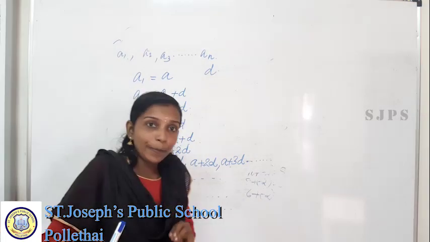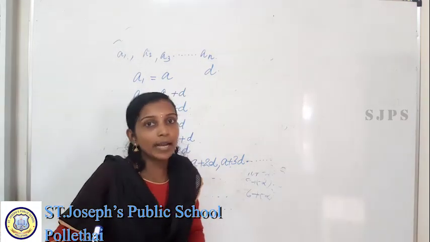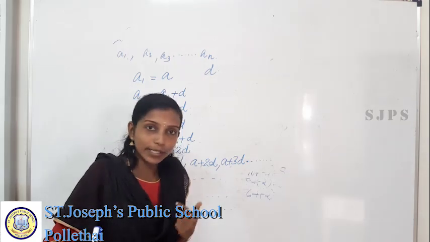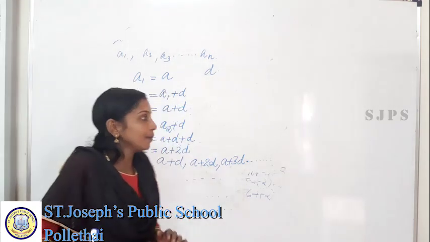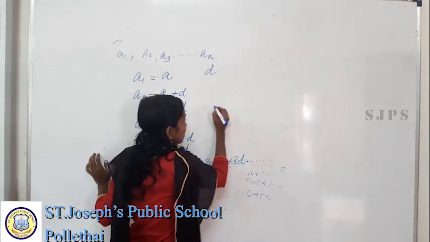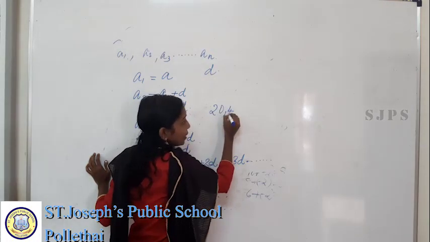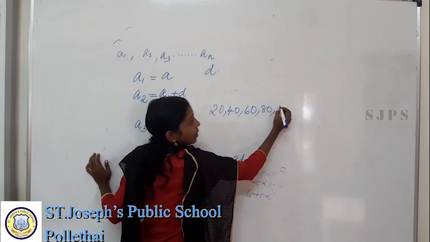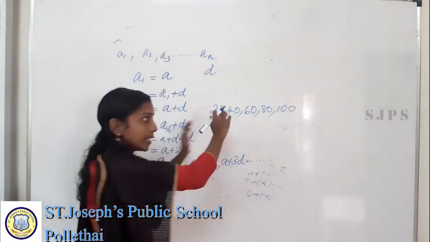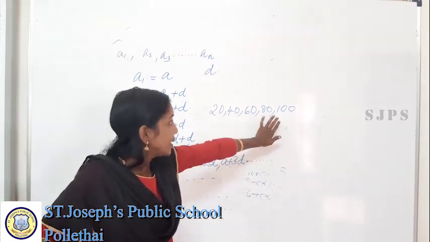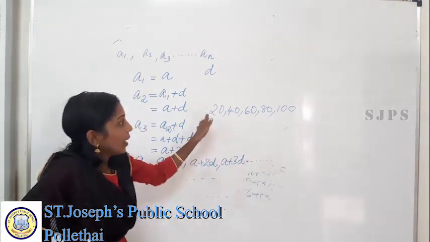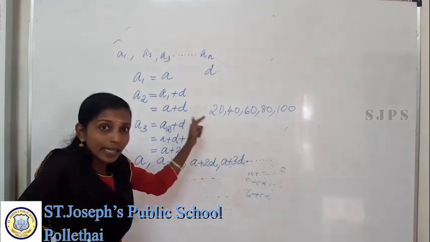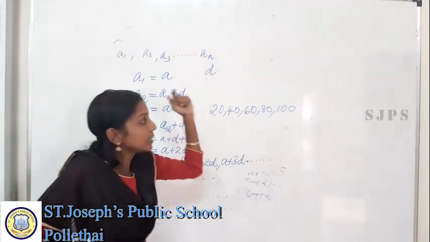Okay, in an AP, if there is only a finite number of terms, then it is called a finite AP. That is 20, 40, 60, 80, 100. This is an example of a finite AP, and in this finite AP we know which is the last term.